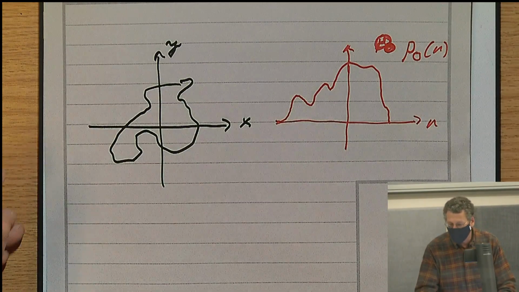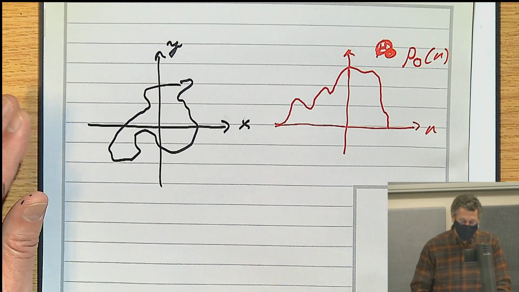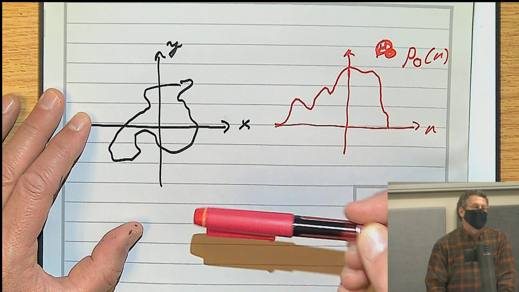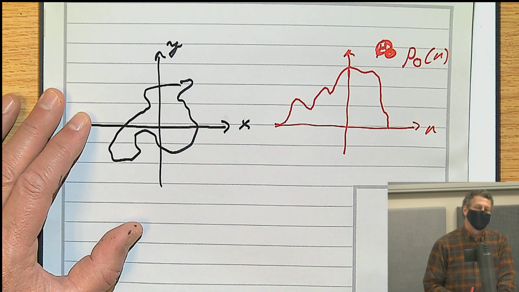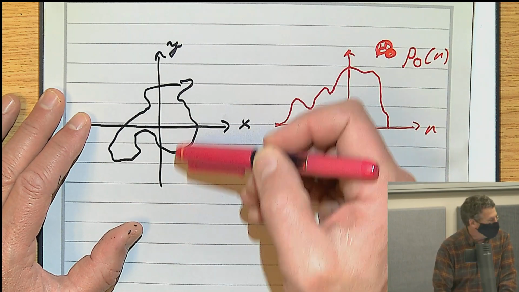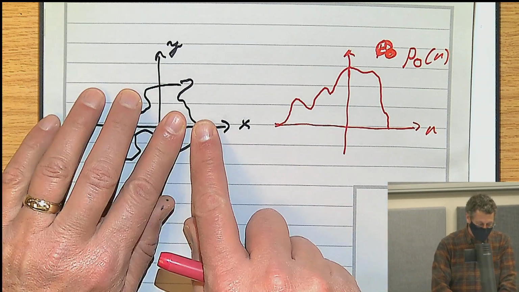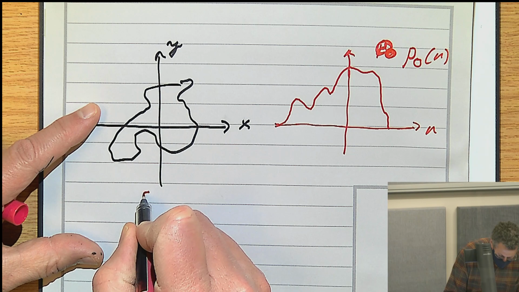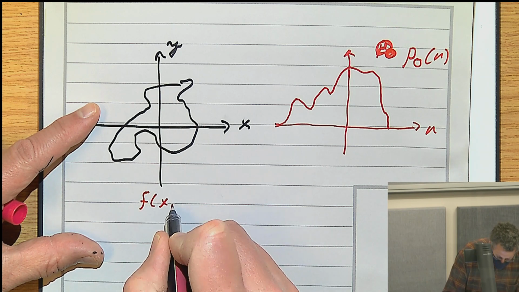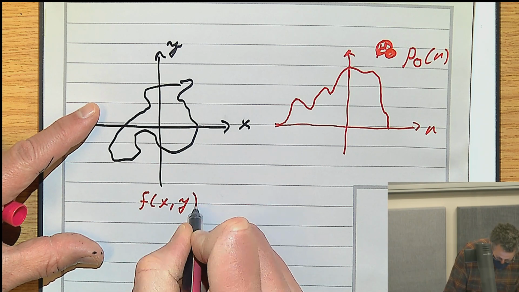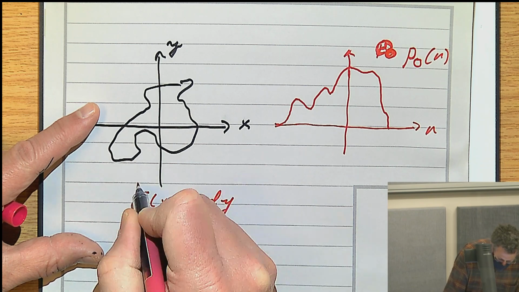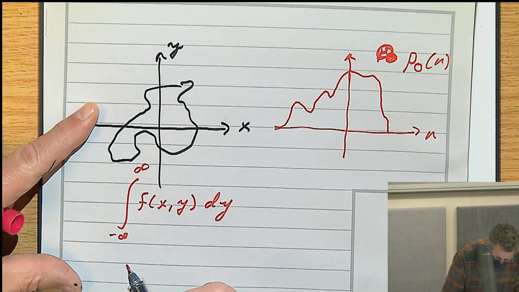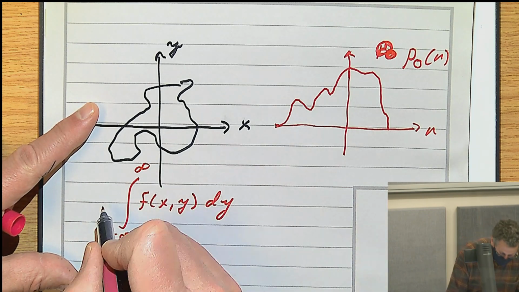I digressed a little bit, but let's get back to this. Now when we integrate vertically, what are we computing? What's the interpretation of that function? This is a function f of x and y, and now we're integrating over y. That's the projection.